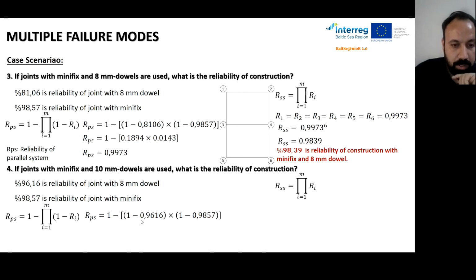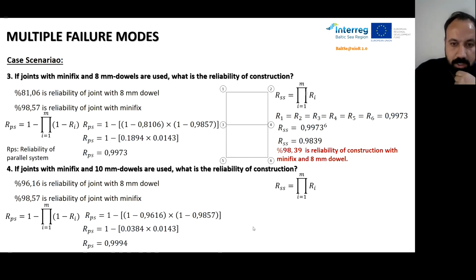So I am using the parallel system again. I am using the 10mm dowel reliability and Minifix reliability, and then I just calculate it. My reliability is getting higher if I use 10mm dowels. So basically and logically, it needs to get higher. My reliability in one joint is 0.9994.